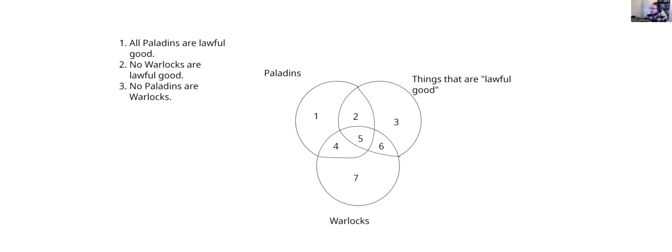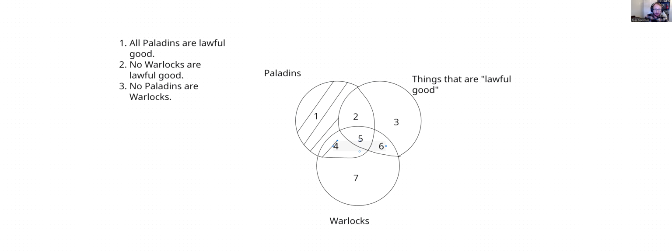Good job, Daniel. Daniel's got it as well. All right. So what you would need to shade to represent this first claim is 1 and 4. And I hope you guys can see why it's 1 and 4.